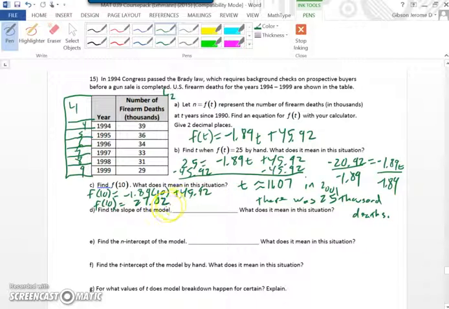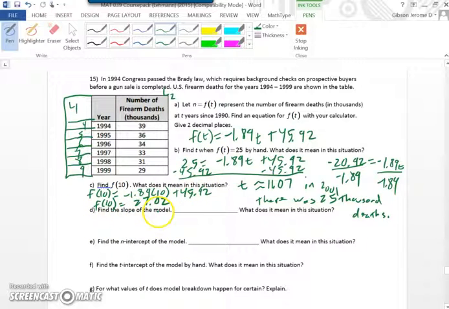Now let's go back here to B and C. At the end of those sentences, put by firearms, so the sentence is deaths by firearms for B and C.